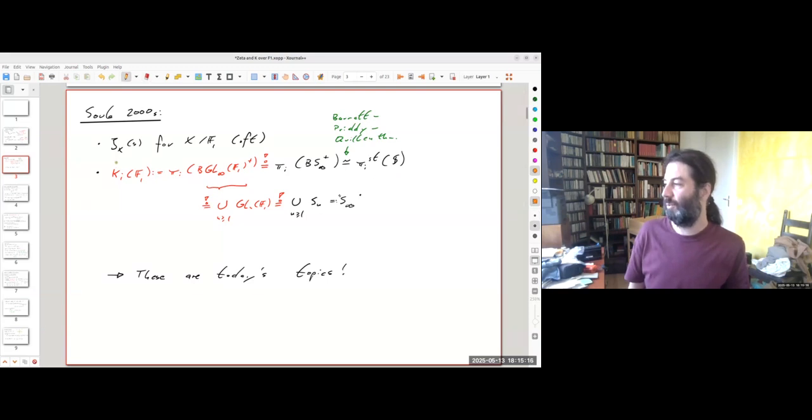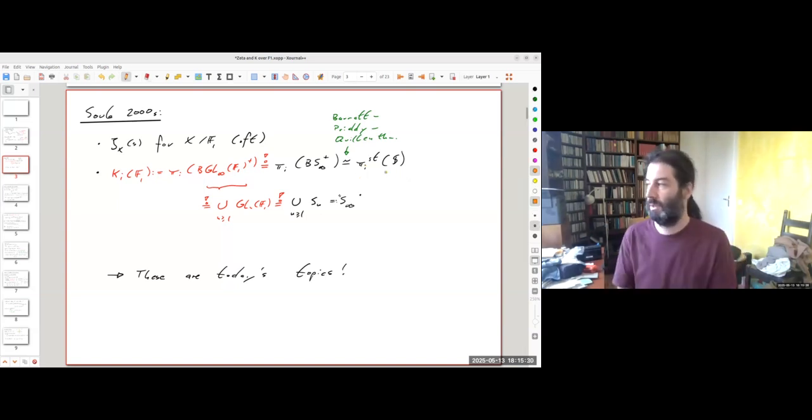And this philosophy says, well, whatever K of F1 is, if we can define it, it should be the stable homotopy group of the sphere. Okay, so this is just a formula that Soleil wrote down, which should hold if we have a good K-theory.